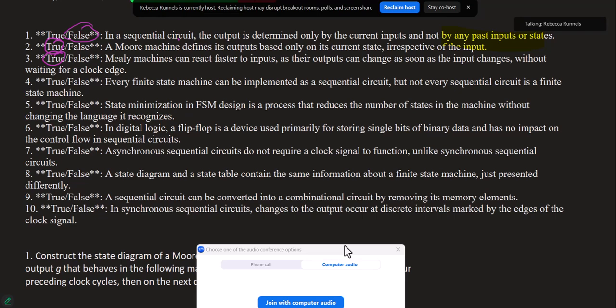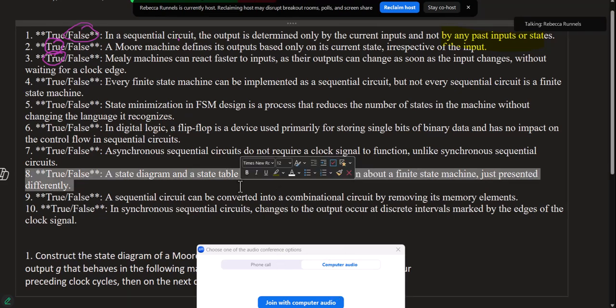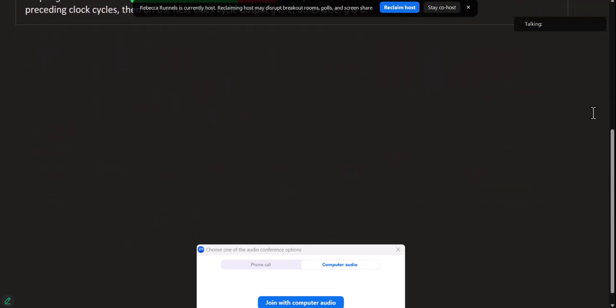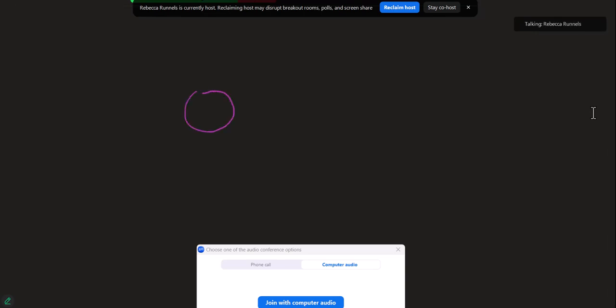So the example that was just mentioned, in case y'all couldn't hear on Zoom, is if we have a two-state machine and we're adding together two numbers, and this state is we previously had a carry, and this state is no carry.